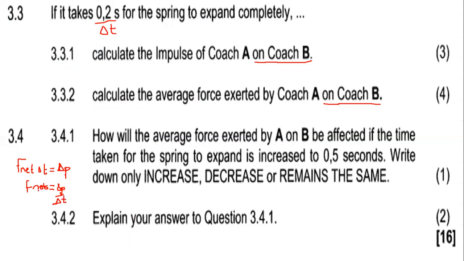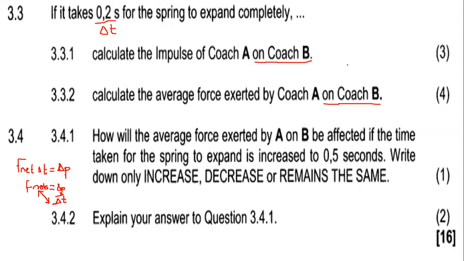Then we can see the relationship between F net as well as delta T. And the relationship that we can see here is that they are inversely proportional. Now, if they're inversely proportional, what does that mean? It means if you increase the contact time, then the net force is going to decrease. If you decrease the contact time, then the net force is going to increase altogether.